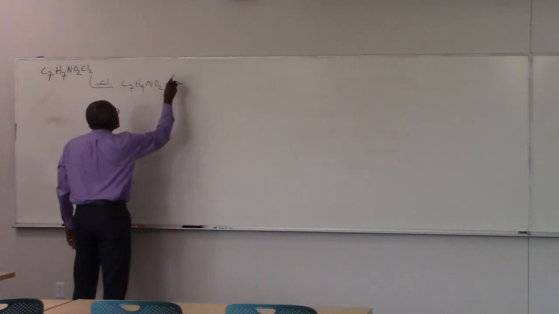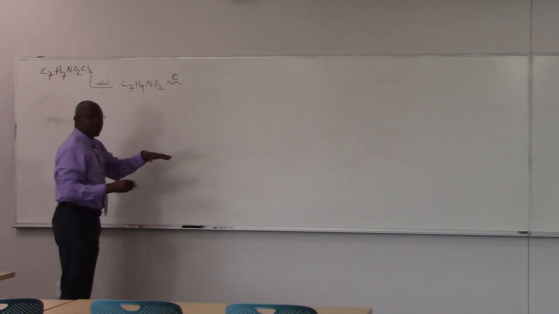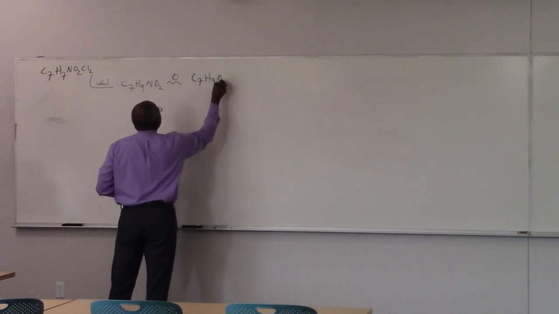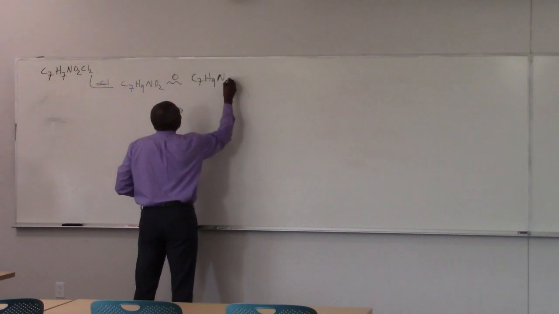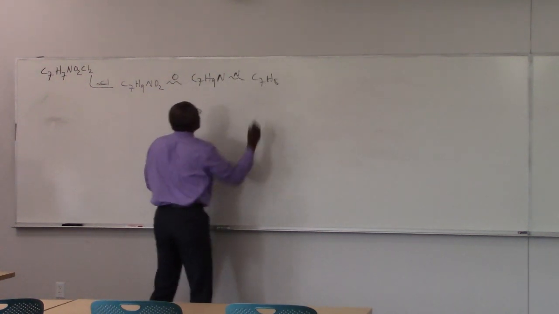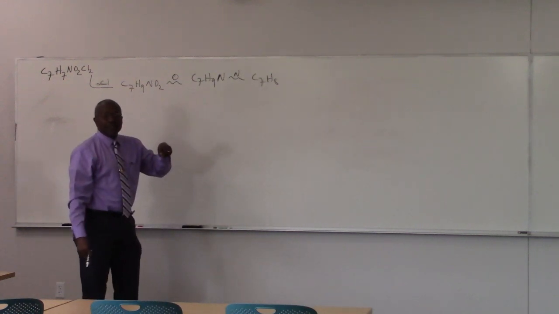For the O's, because they're divalent, I'm going to ignore them, and that becomes C7H9N. And for the N, because it's trivalent, that becomes C7H8. So I'll subtract 1 H for the N.